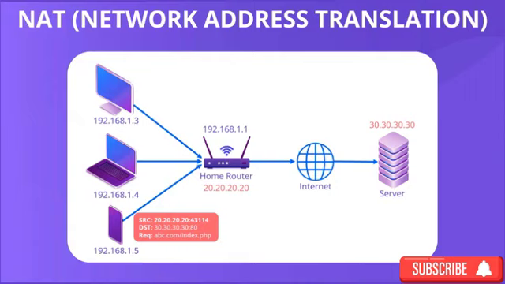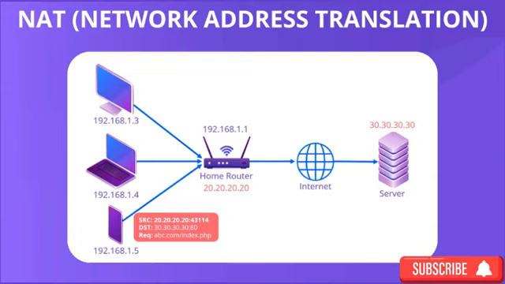The packet has the source IP address and the source port address, as well as the destination IP address and the destination port. If it arrives at the web server with these values, it processes the request and tries to send the reply packet to the IP address 192.168.1.5. But that's unreachable for the web server because it's a private IP address.